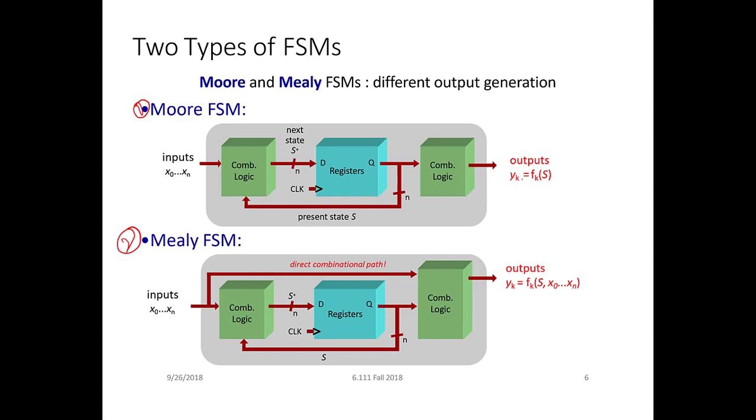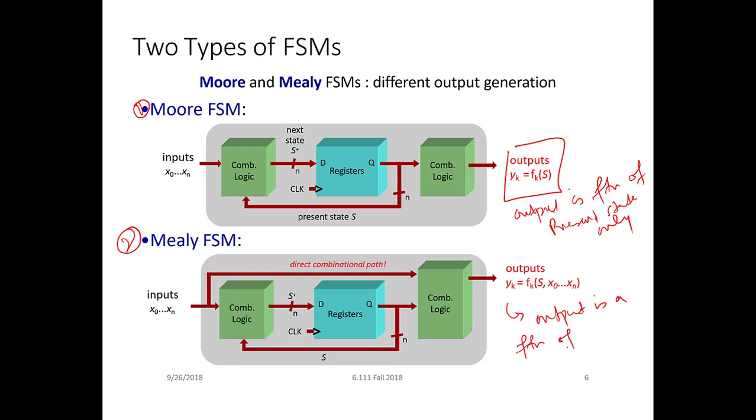So in Moore FSM, the output is a function of present state only, while in a Mealy FSM, the output is a function of present state and input. So you see this additional direct combinational path coming from the input to the output combinational logic.